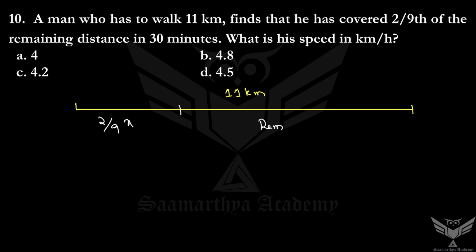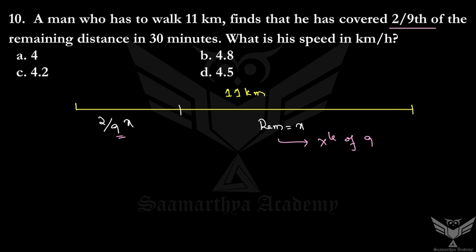Let the remaining distance be x. Now what is the meaning of 2/9? 2/9 means clearly the remaining distance is a multiple of 9, because the denominator is 9, it has to be divisible by 9. So that's what our common sense is telling us.